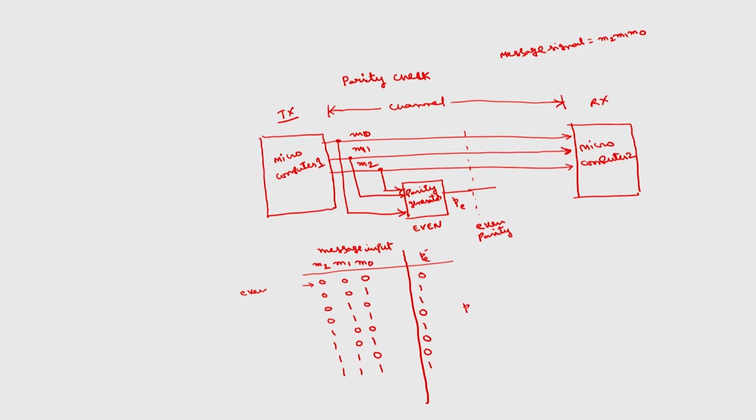The expression for PE is now a Boolean expression. Wherever this 1 is there, you read the corresponding minterm. This is M2 bar M1 bar M0, plus M2 bar M1 M0 bar, plus M2 M1 bar M0 bar, plus the last one.